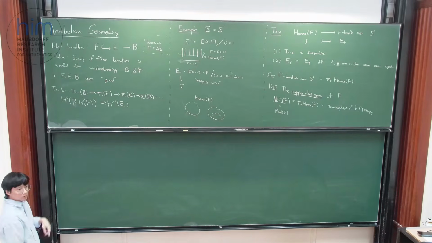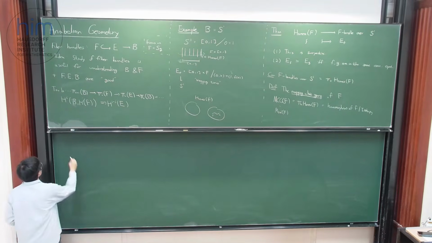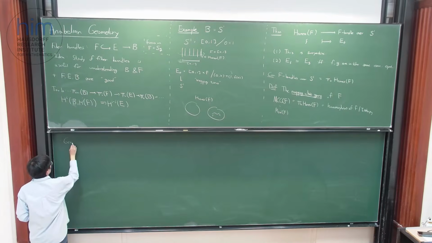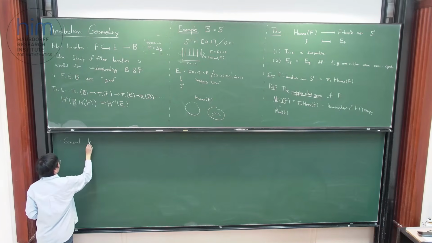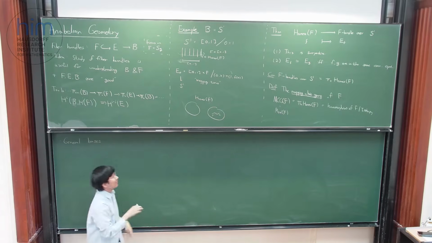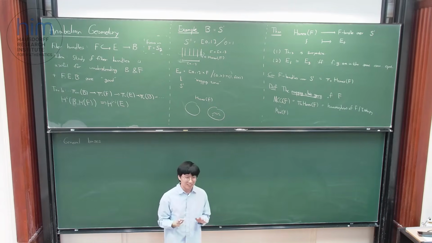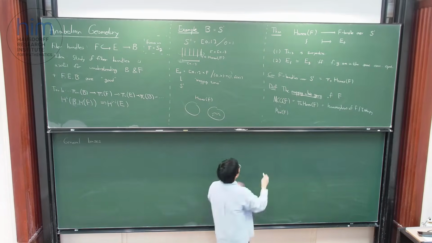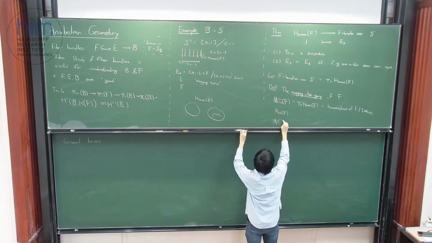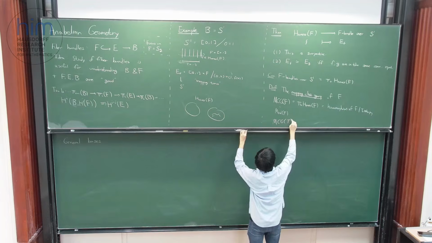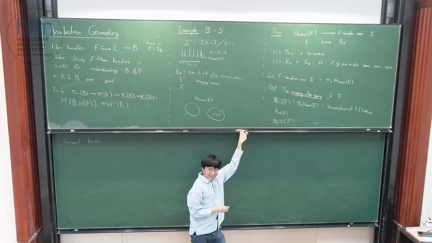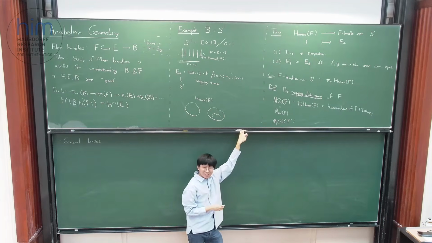Okay, so that is for S1. Now we will talk about general bases. Maybe before that, it would make sense to at least give you one example of a mapping class group. If you consider the mapping class group of the torus, can someone guess what it is?